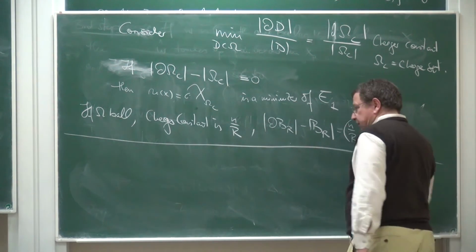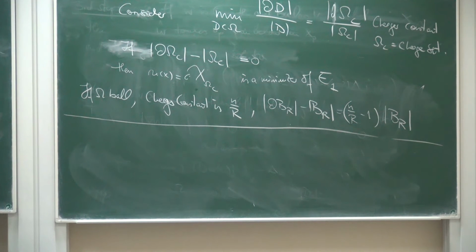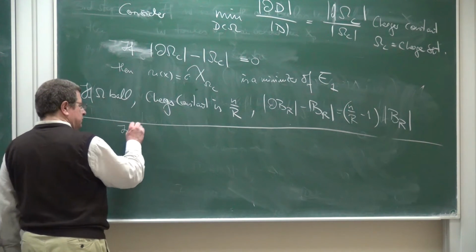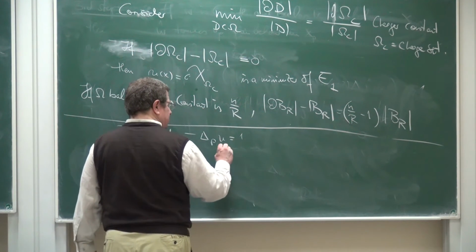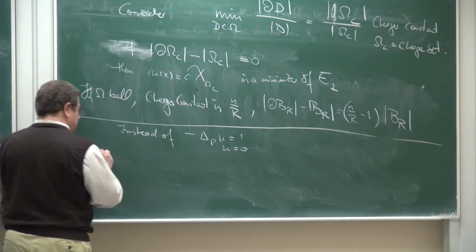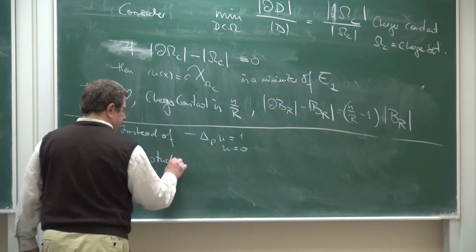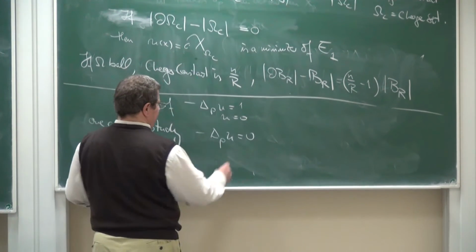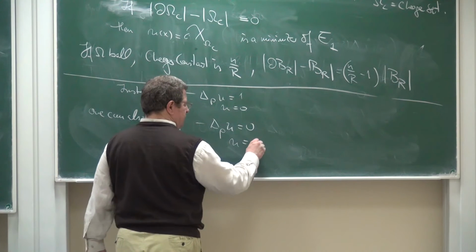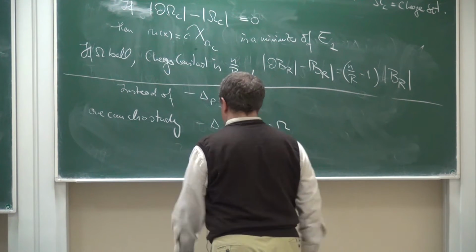So we have looked at solutions of the Dirichlet problem where there was constant right-hand side in the equation and 0 boundary conditions. Instead of minus p-Laplacian u equal to 1, u equal to 0, one can also study minus the p-Laplacian equal to 0 and u equal to a given function g on the boundary of omega, and see what happens.